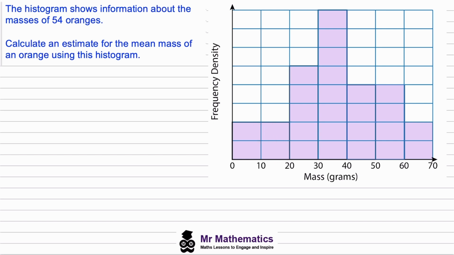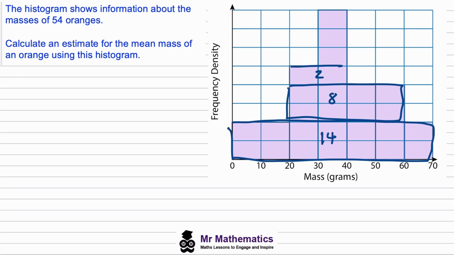If we count the number of rectangles, we've got 14 here, another 8 here, 2 here, and 3 on top. So if we add all of these together, we've got a total of 27 smaller rectangles. So we can do 54 total frequency, divided by that 27 tells us that we've got 2 oranges per smaller rectangle.